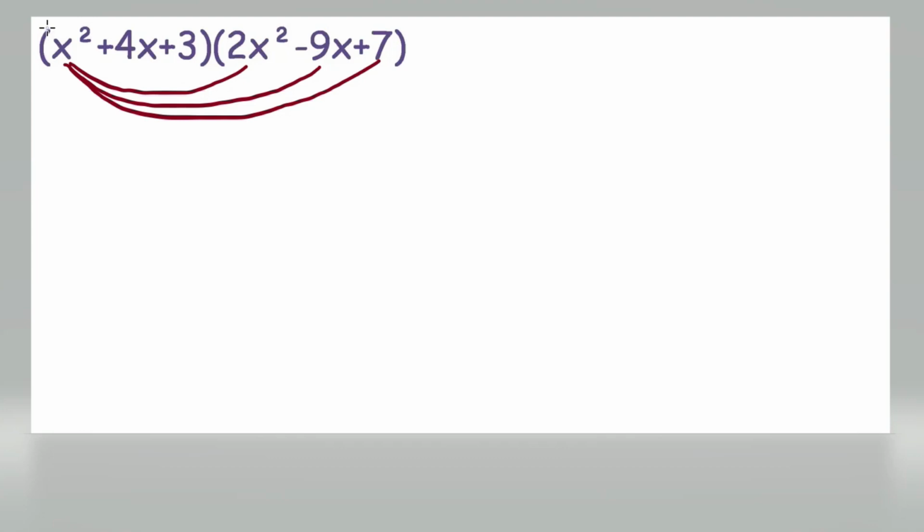Alam natin na coefficient to ay 1. So, coefficients first. Since parehas sila may variables. So, 1 times 2 is equal to 2. Then, since same sila ng variable, then may exponent. Alam natin na pag ganon, mag-add lang exponent. So, copy natin yung x. Then, mag-add lang yung exponents niya. So, 2 plus 2 is 4. So, this is 2x raised to the 4th power.